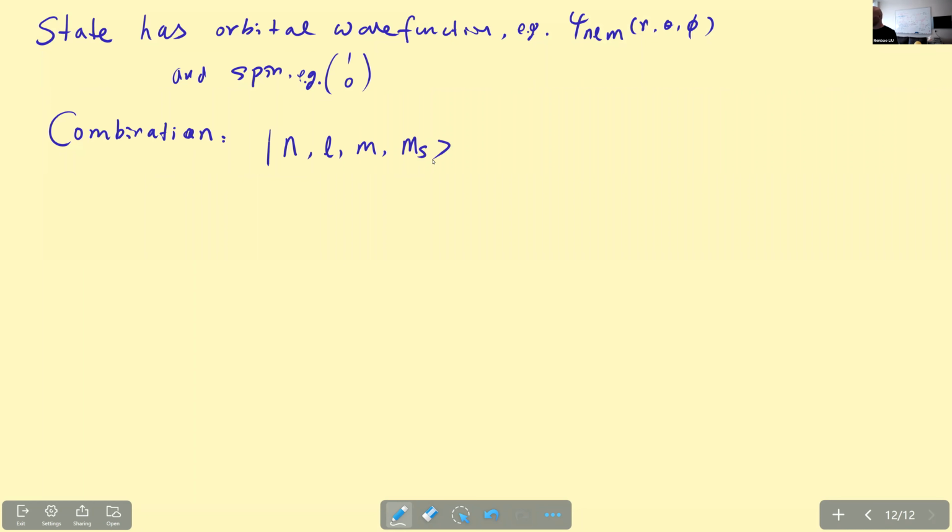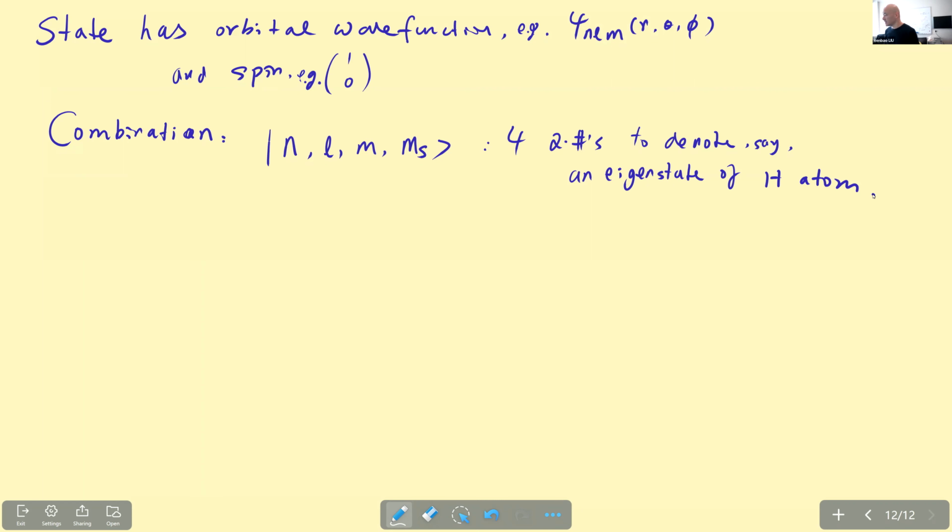Okay, so we need 4 quantum numbers to denote, say, an eigenstate of a hydrogen atom, for example. And this m_s equals plus or minus 1/2. It's the spin quantum number. Okay.